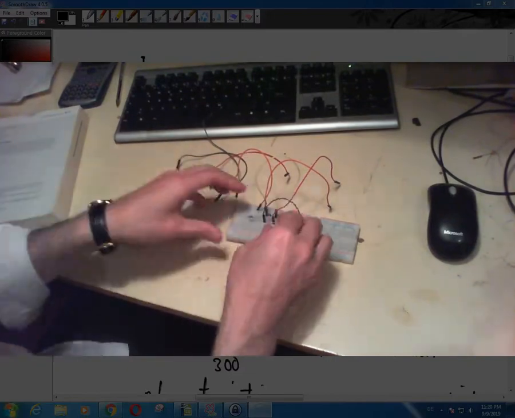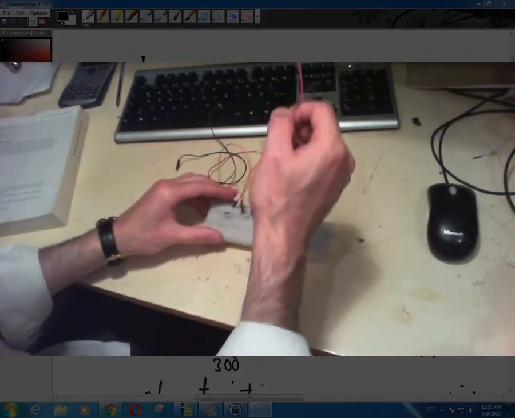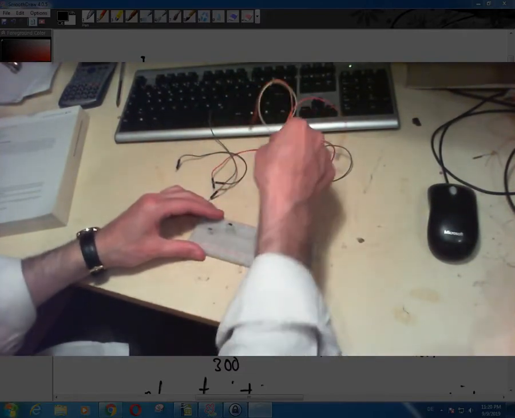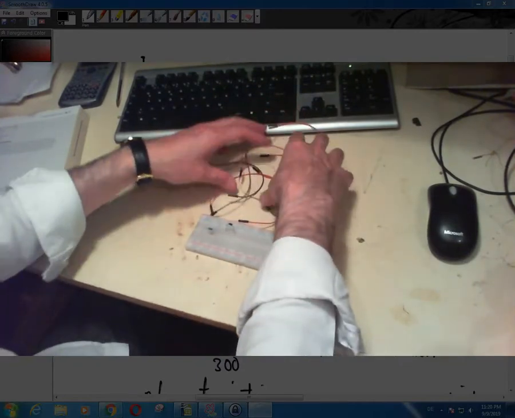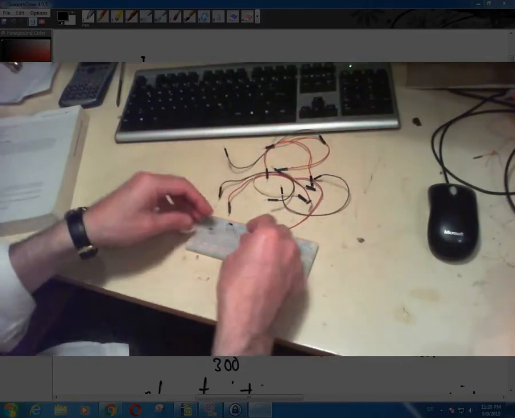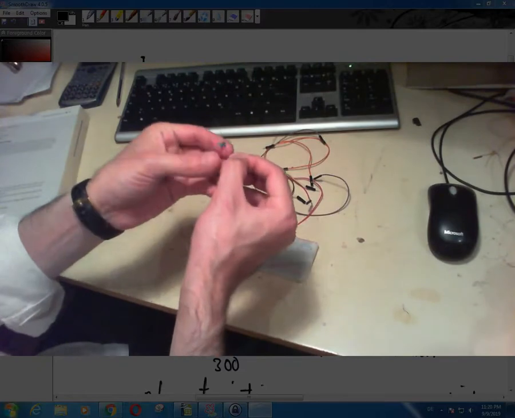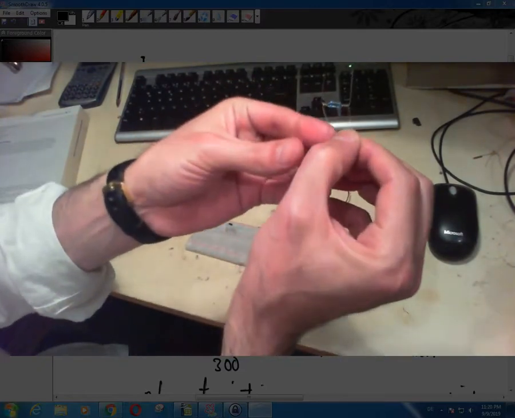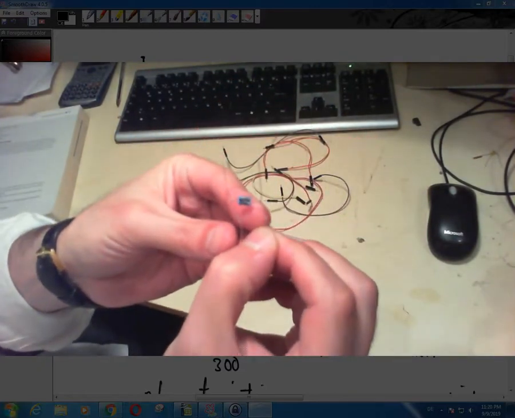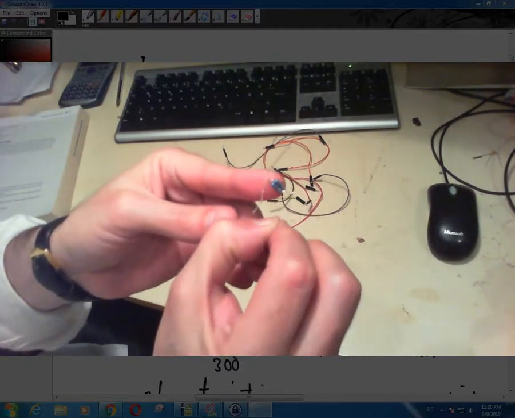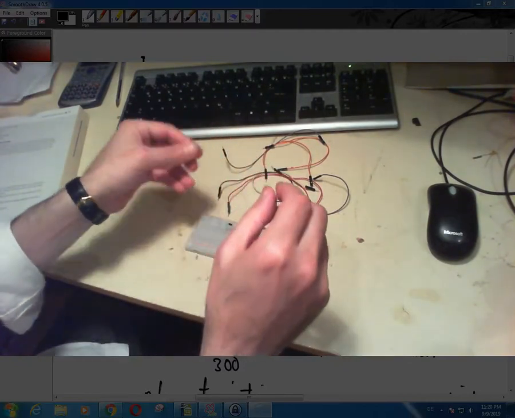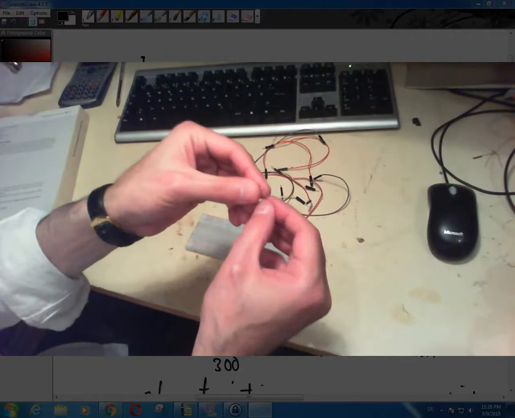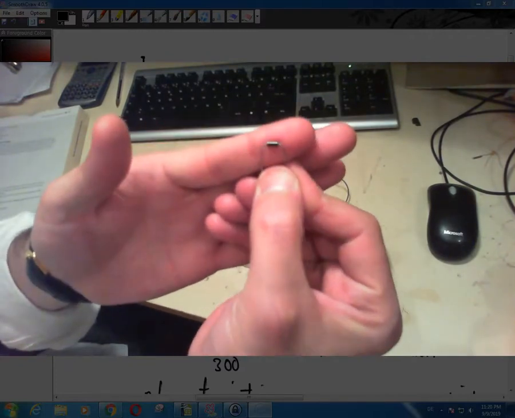Okay, so now these are the wires that you can connect to your breadboard to make different connections. This is the resistor that I'm using, and this here is the diode that I'm using. So this is the diode.